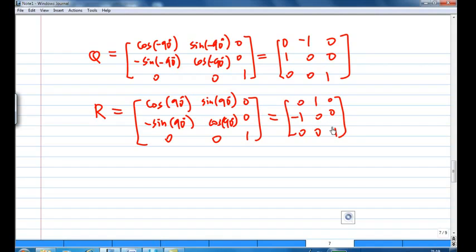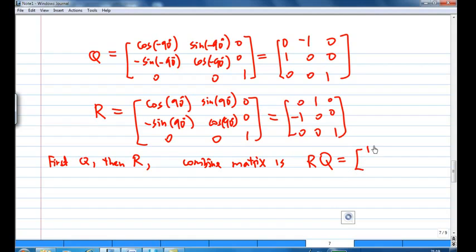So if you apply the transformation Q then R, first Q then R, then the combined transformation matrix is R times Q. And when you multiply, you get the identity matrix.